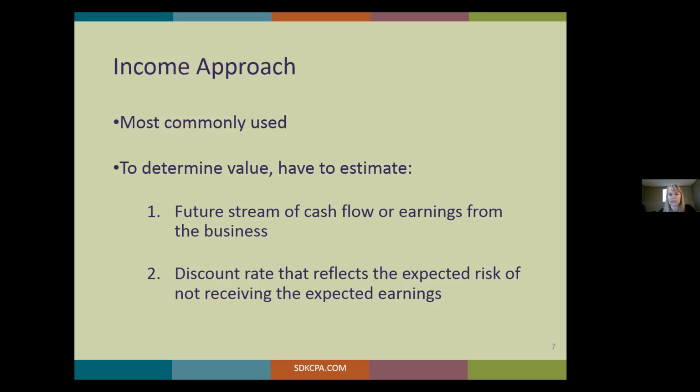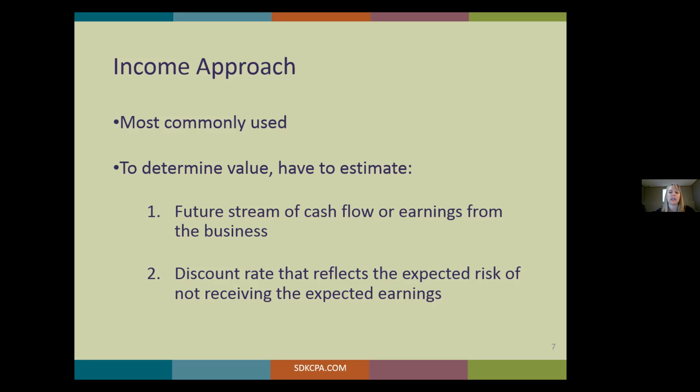So to start with your future cash flows of the business, what we usually look at as a guideline is to look at historical earnings and then make some adjustments to those so that they're more representative of what you would expect to receive in the future. So these adjustments can include ownership control characteristics.